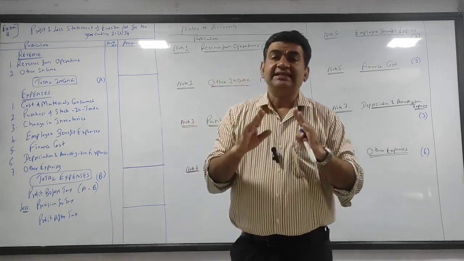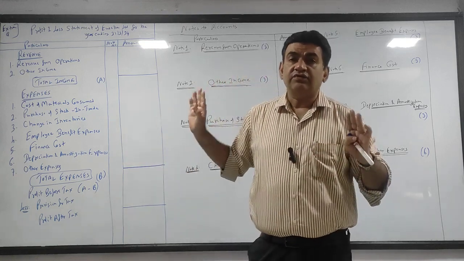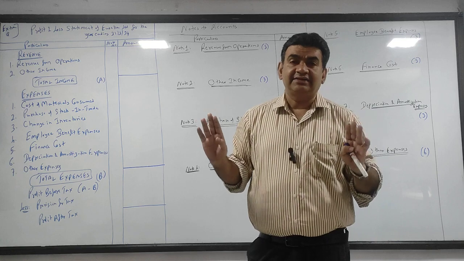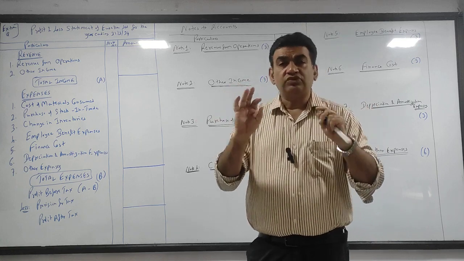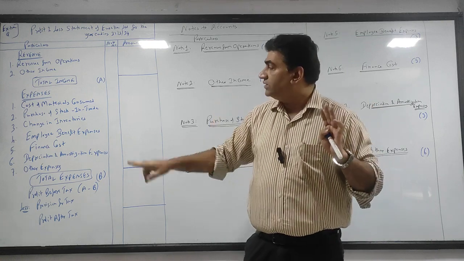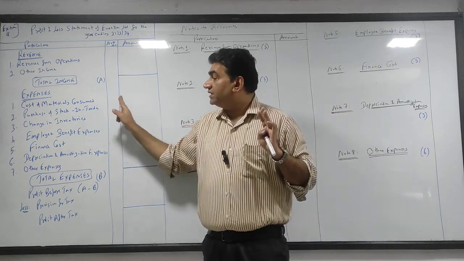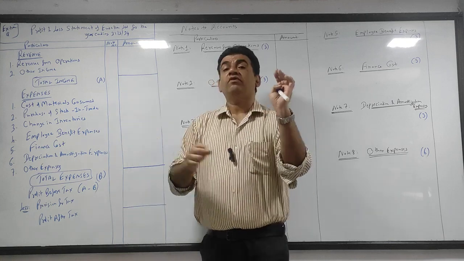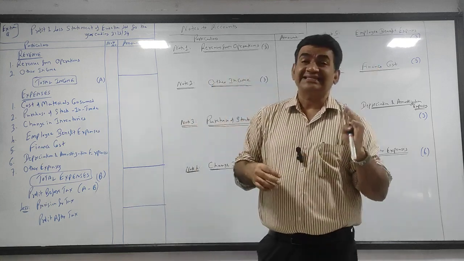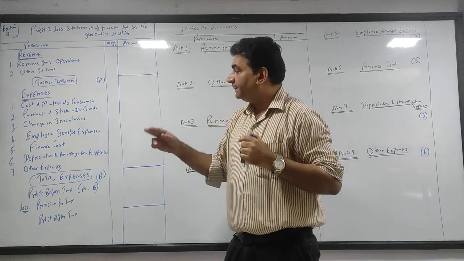To be honest, this will not come so much in final accounts for your syllabus. 1% chance it will come, but mostly not. So they will mostly give you that figure. I'll repeat, cost of material consumed will come only when the company whose profit and loss statement we are making is a manufacturing company.